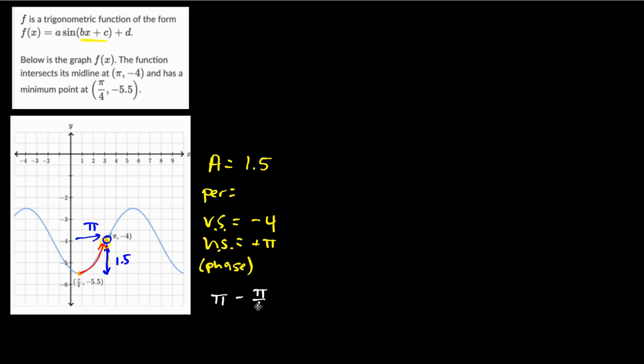Instead of thinking about this like pi, you might want to do 4 pi over 4. That's still the same thing, but then we have a common denominator, so we get 3 pi over 4. Now that's not our period, that's the distance of 1/4 of a period. So our period is going to be 4 times that value, 4 times 3 pi over 4, and so we get 3 pi.